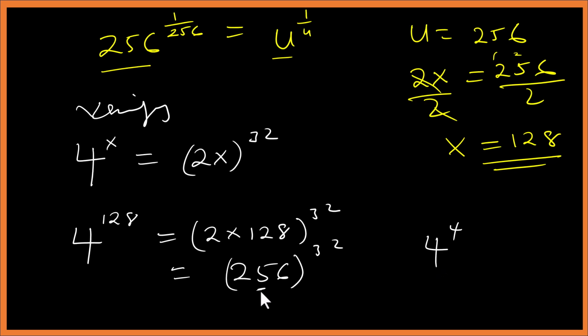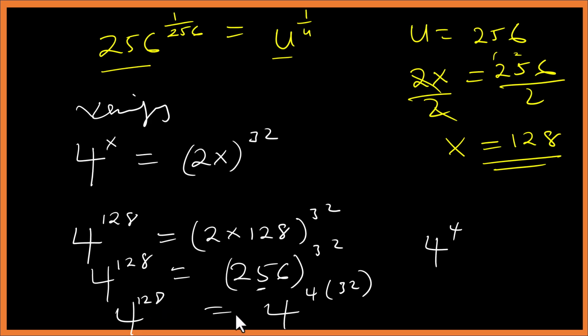So this side will be 4 to the power 4 all raised to 32, and we still have 4 raised to 128 on the other side. So 4 times 32 will be 128, 4 raised to 128. So we have both sides being equal. Therefore, our solution is through. Alright, so that's that.